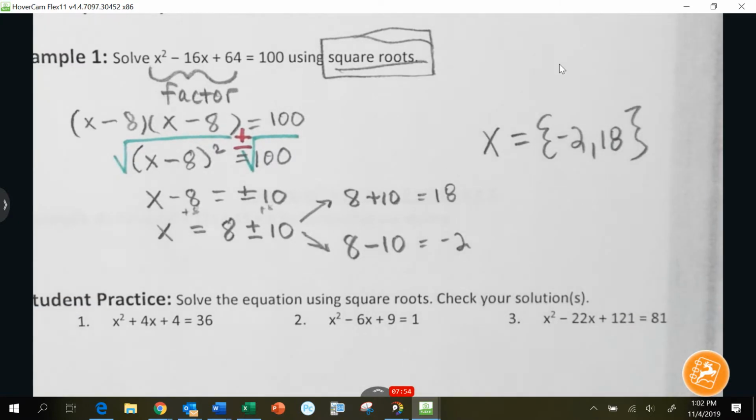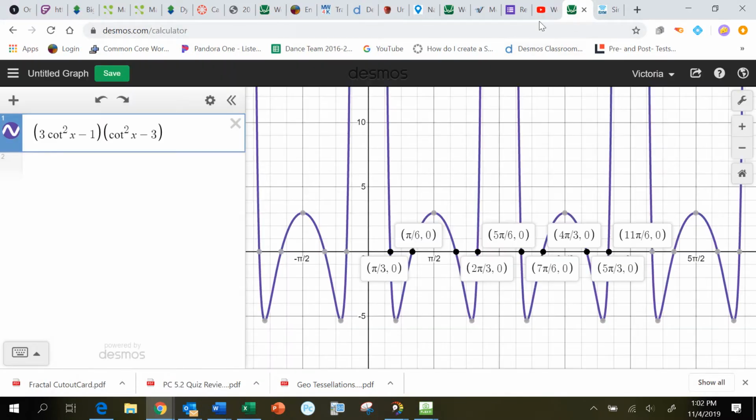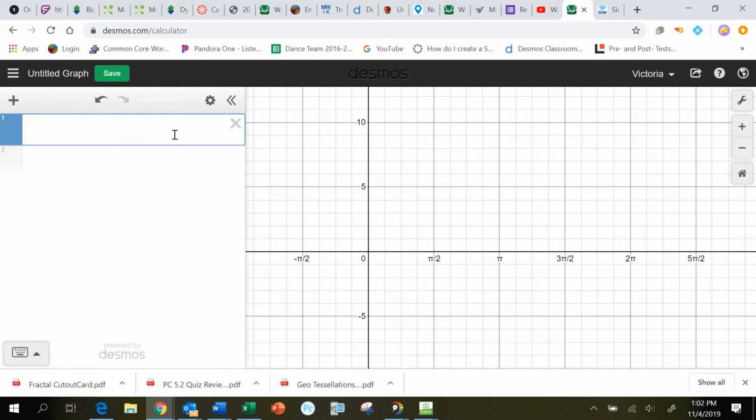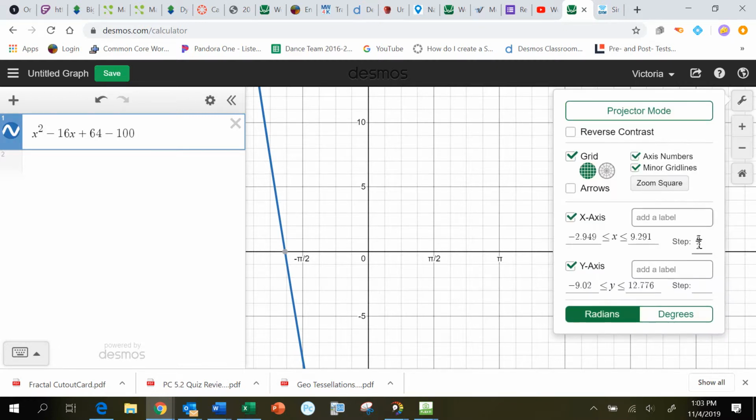And you know what? If I went on Desmos, that's what I was doing in pre-calc. If I went on Desmos and I graphed this equation, x squared minus 16x plus 64, and to graph it I have to move that 100 over, so I'd subtract 100 now.